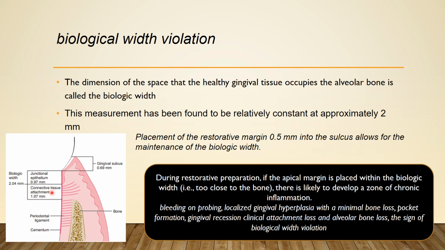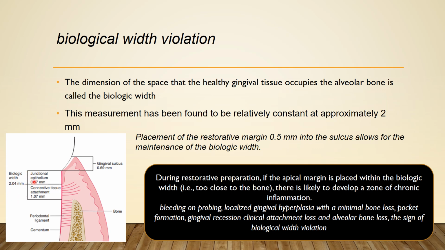This measurement has been found to be relatively constant at approximately 2 mm. Ideally, in normal healthy gingiva, the junctional epithelium is 0.97 mm and the connective tissue attachment is 1.07 mm, which makes the biological width 2.04 mm.